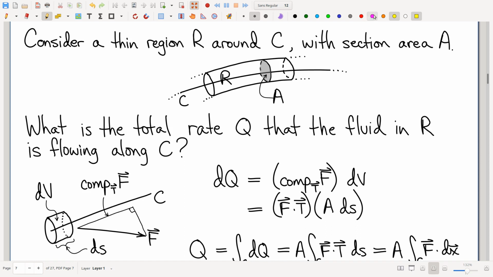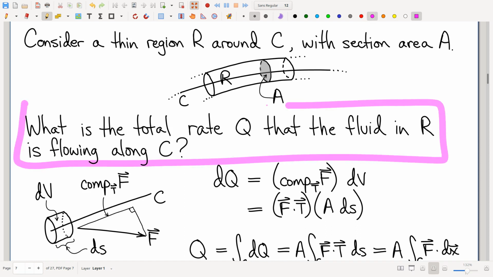Here's the weird question I'm going to ask for no apparent reason: if I were to look at all of the fluid in my region, and think about how that fluid is moving, for each piece of that fluid, to what extent is that piece of fluid moving along the curve? Not perpendicular to the curve, not at some angle from the curve, but what is the extent to which it's flowing along the curve?